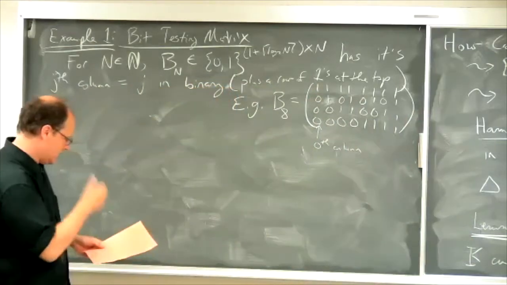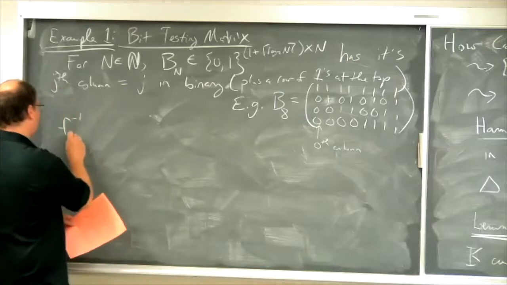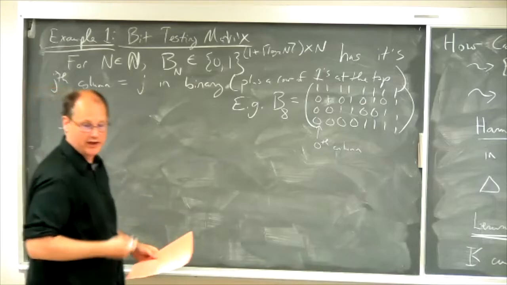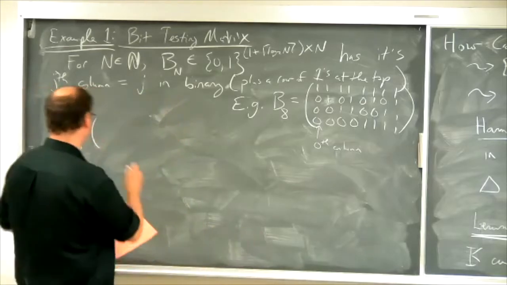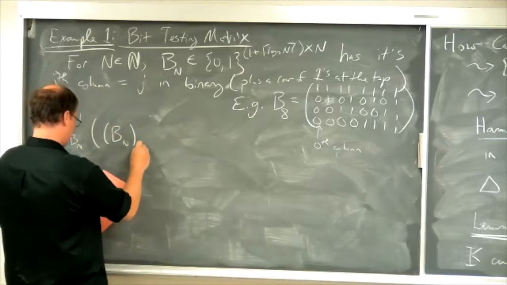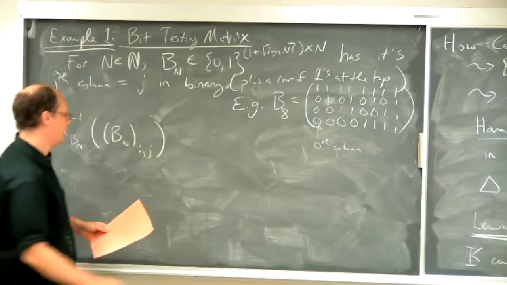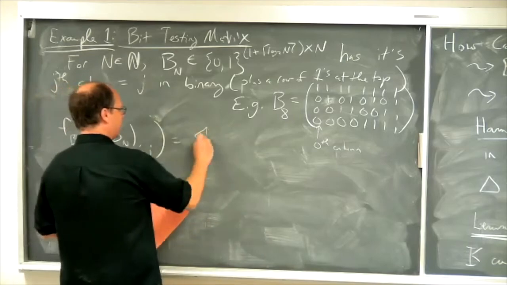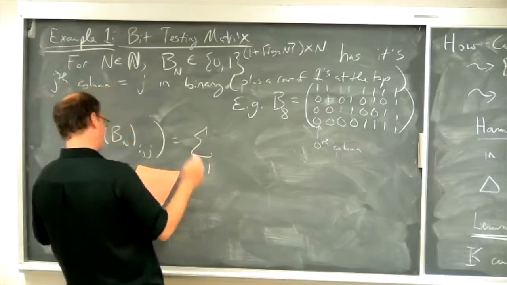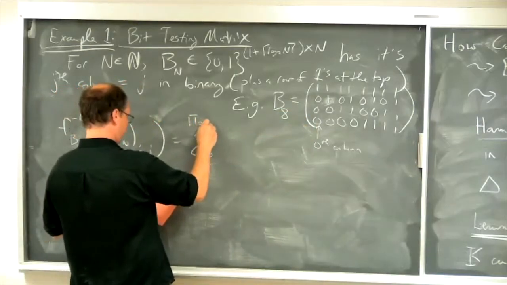And not only can I generate the entries really quickly, but given any column of this thing, I can tell you which index it is, also using this structure, which is pretty fast. If you give me the jth column of this thing, I can tell you what it is by just summing up the bits, right? I'm going to start with the first column, read off the bit sequence and add it up and tell you what the index is.